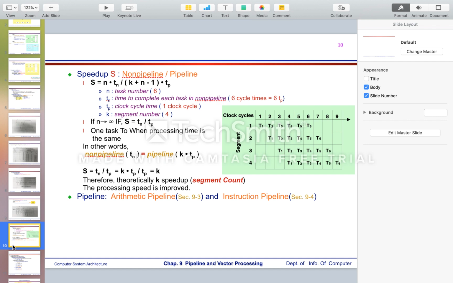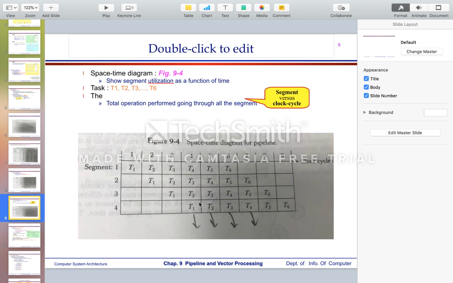Since there are k segments in the pipe, what about the n minus 1 tasks? As we have seen, once the first task completes, afterwards the next tasks complete one per clock cycle. So they will be completed in n minus 1 Tp. In every clock cycle, we get one more task complete, right?